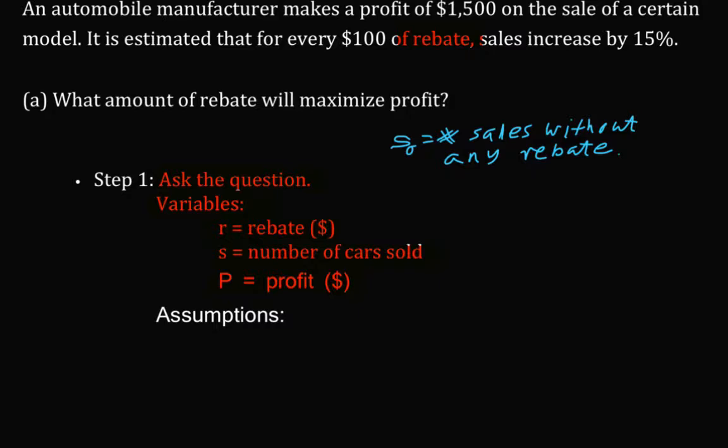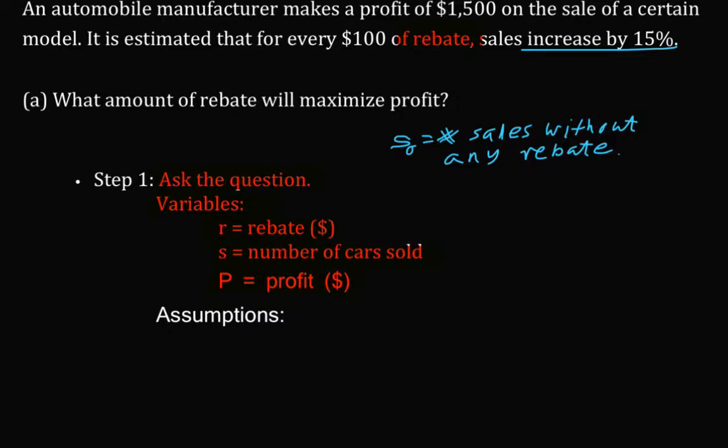Then consider this. If we sell S naught number of cars, after $100 of rebate, sales increase by 15%. Then how many cars do they sell because of the $100 rebate?